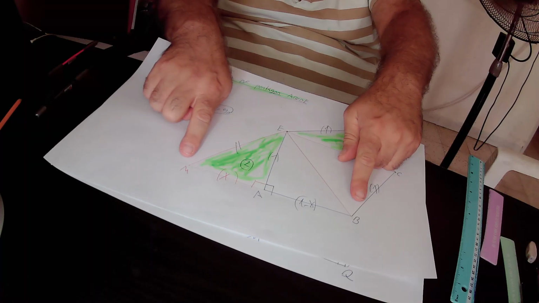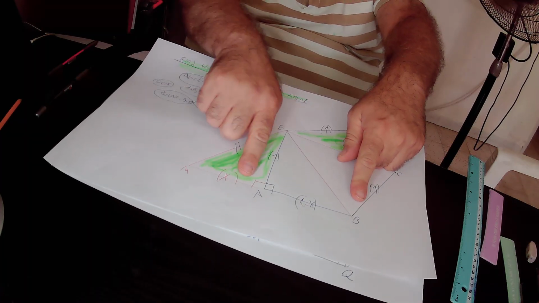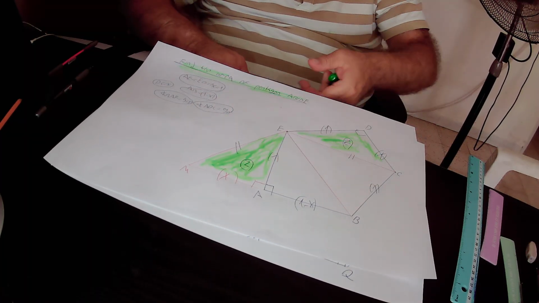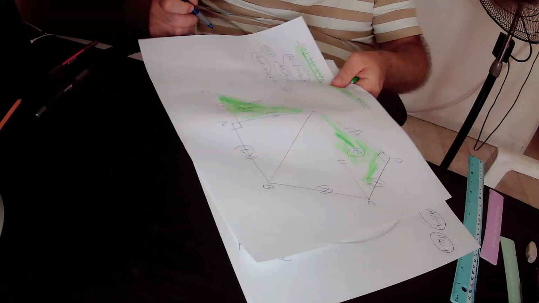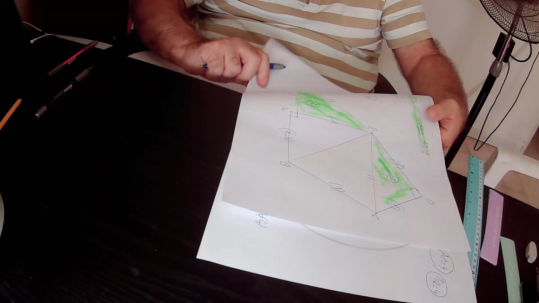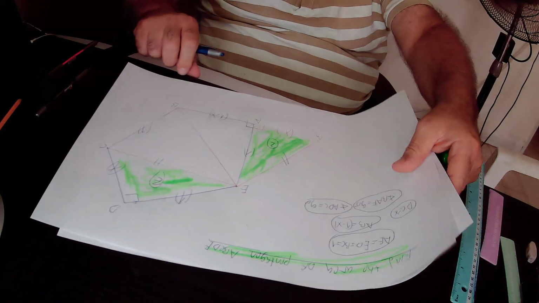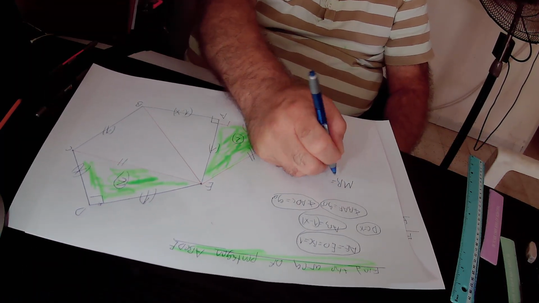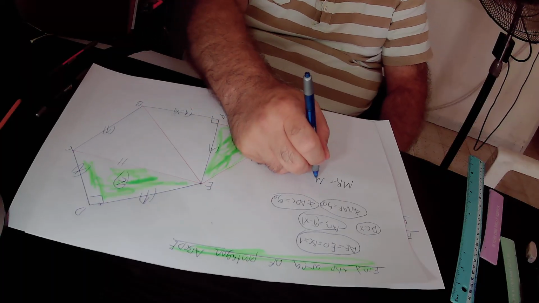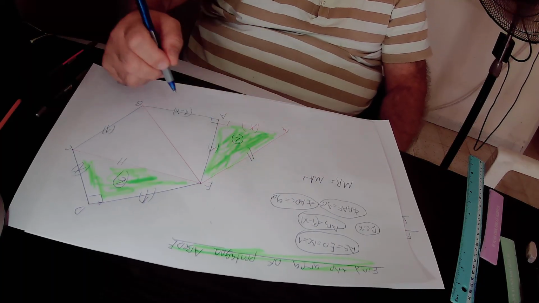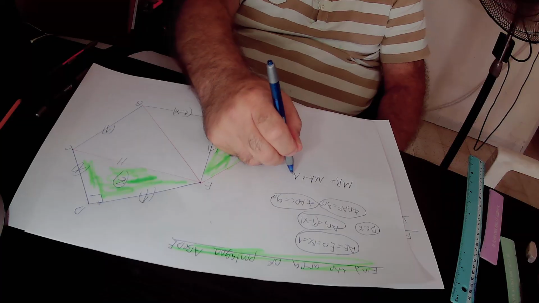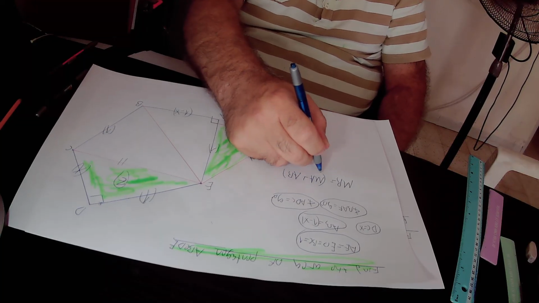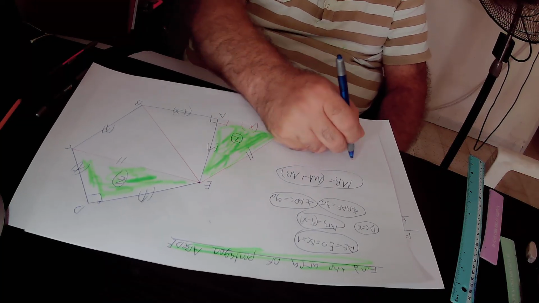From the drawing, it is very easy to see that MB in total equals MA plus AB. So the norm MB equals MA plus AB.